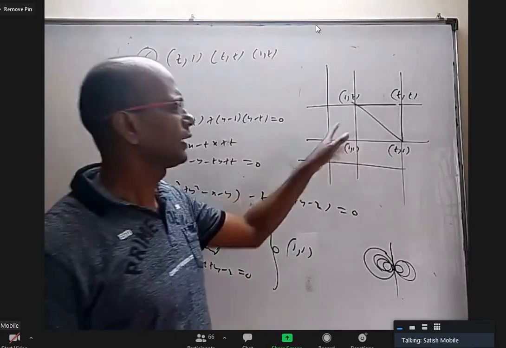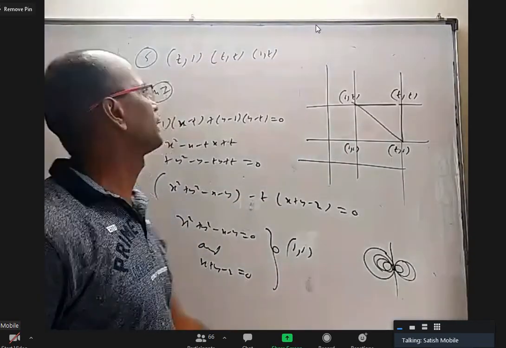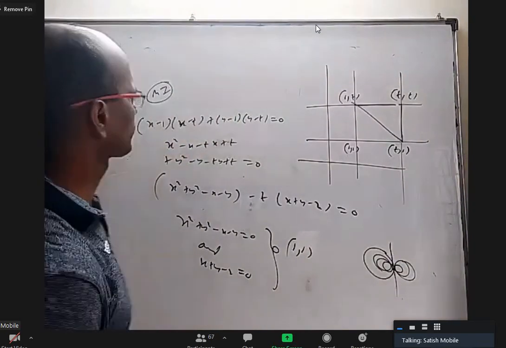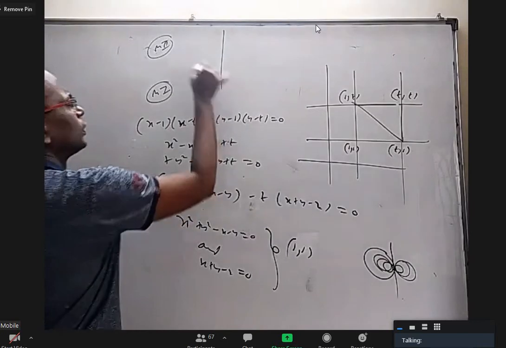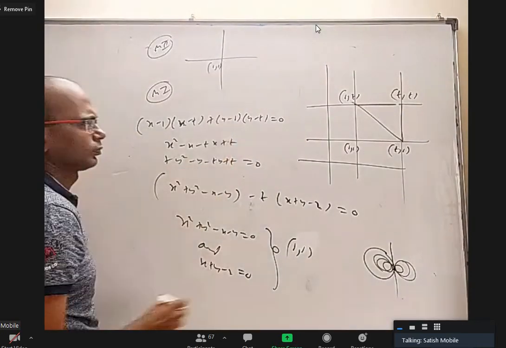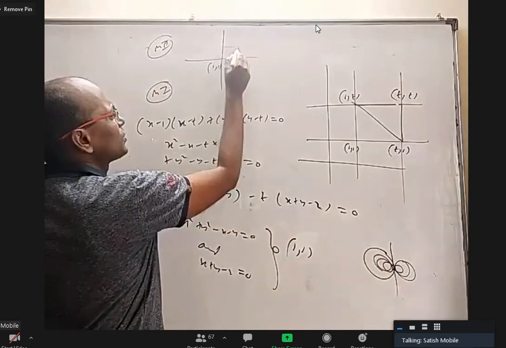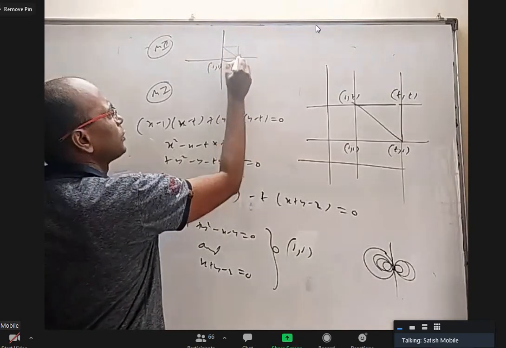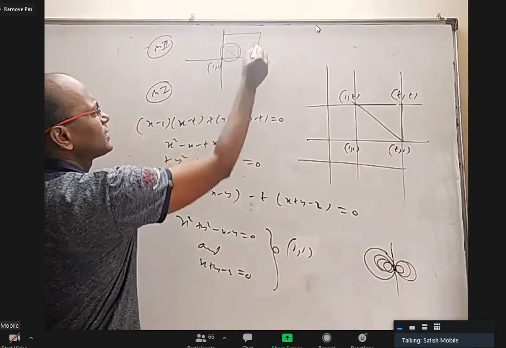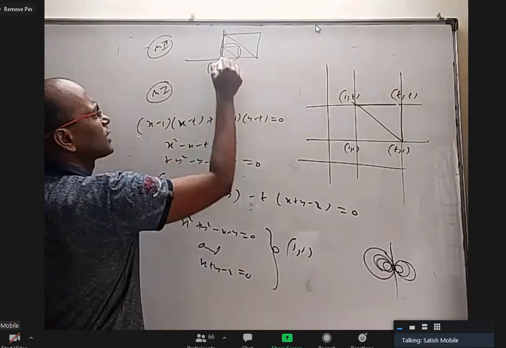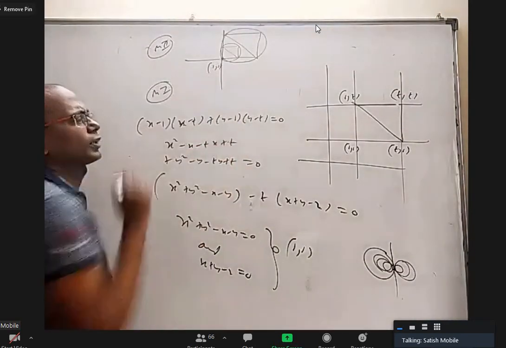Another way is to see what is happening as you change t. This is (1, 1). For a particular t, this is your right angle triangle and your circle will be like this, passing through (1, 1). If t is a little greater, this is your right angle triangle, but again your circle will be like this, passing through (1, 1).